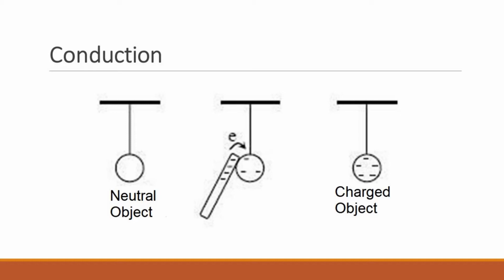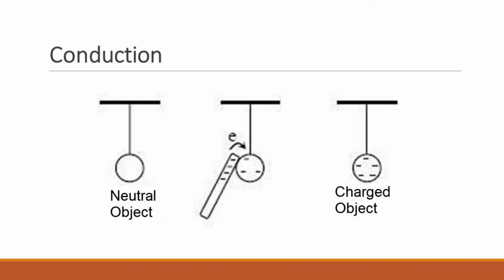Charging by conduction involves the contact of a charged object with a neutral object. Let's say we have a neutral object with no charge, and then we have a rod with negative charge in contact with the neutral object.